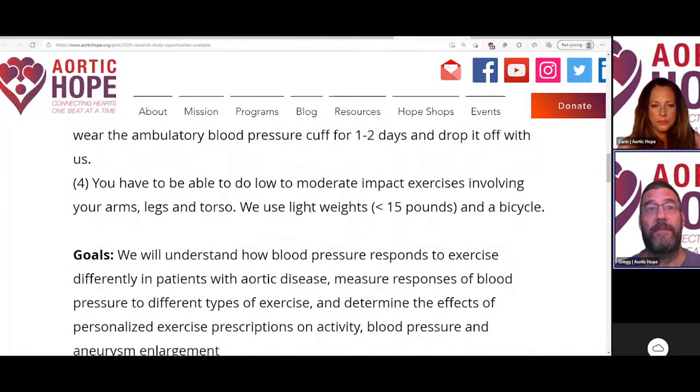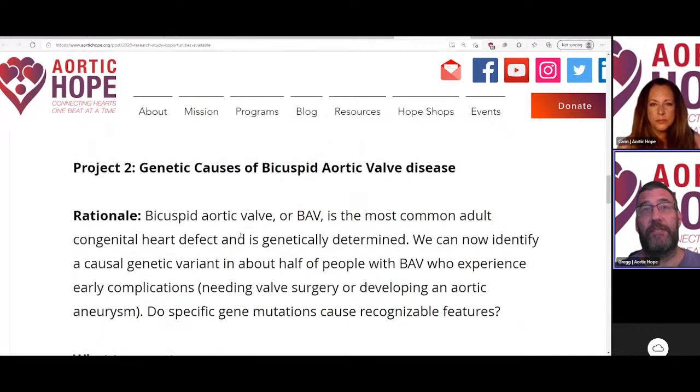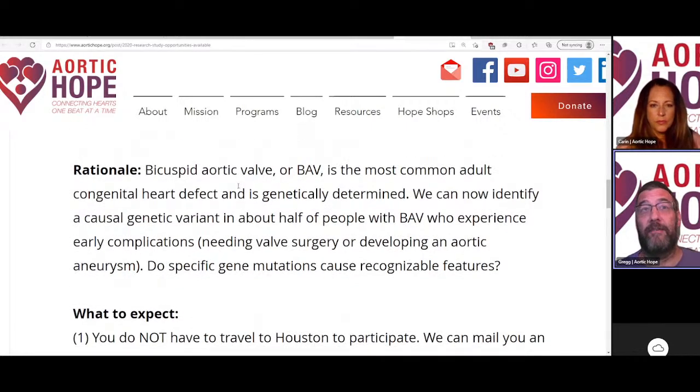Next up is the genetic causes of bicuspid aortic valve disease. And here, obviously, it's pretty straightforward. It's about bicuspid aortic valve, or BAV, and the fact that it's the most common adult congenital heart defect, and it is genetically determined.